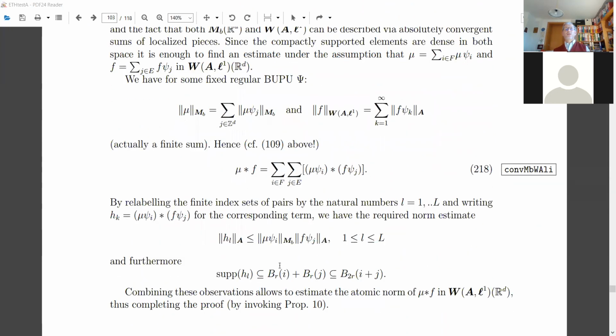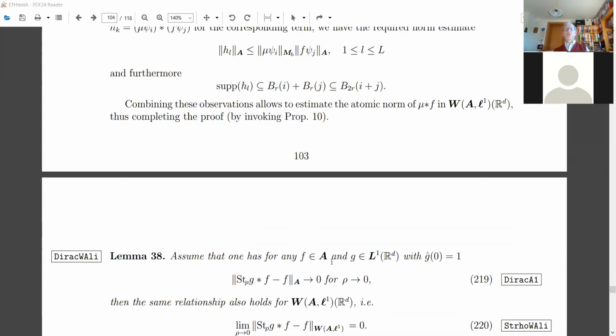And for the algebra A, we have assumed that measures convolved with elements from A are in the algebra. We have done this separately for the Fourier algebra, and it's obvious from the very beginning for the C0 space. And we control the support. So two things which are in balls of radius r around i or j are in balls of radius 2r around a_j. And therefore we can control not only the A norm, but even the atomic norm. So it's the W(C0, L1) norm.